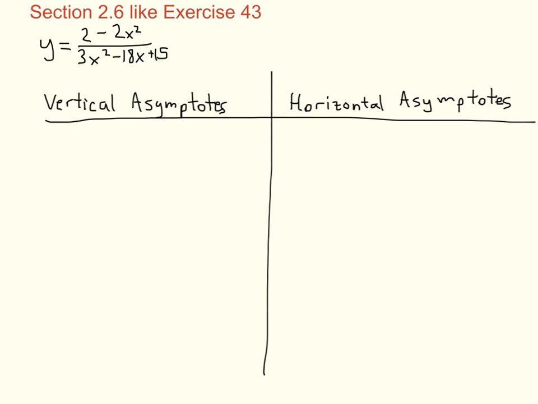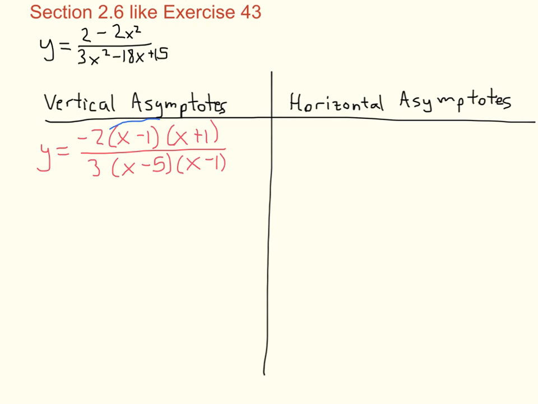So if we want to factor this, it factors into y equals -2 times (x minus 1) times (x plus 1). Our bottom part is going to factor into 3 times (x minus 5) times (x minus 1). And so when we look at vertical asymptotes here, what we have to watch for is we have an x minus 1 on the top and an x minus 1 on the bottom.